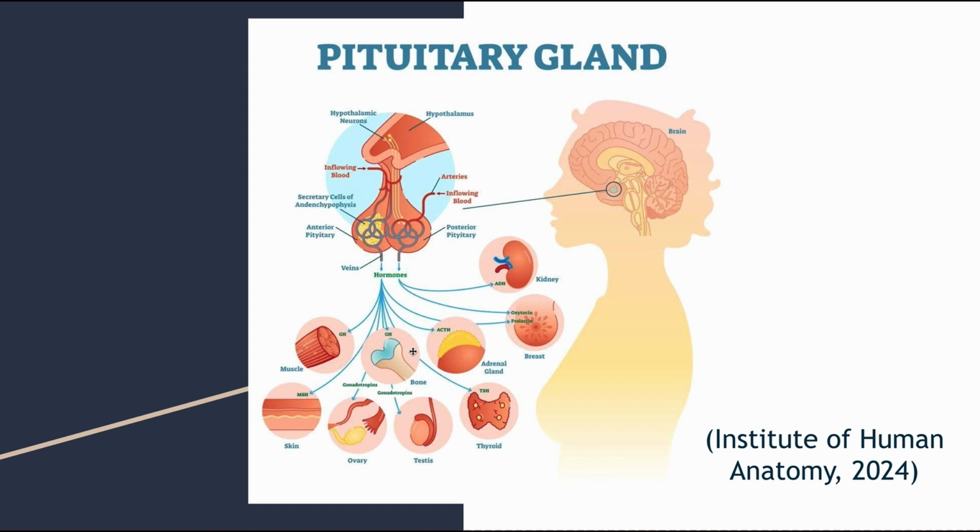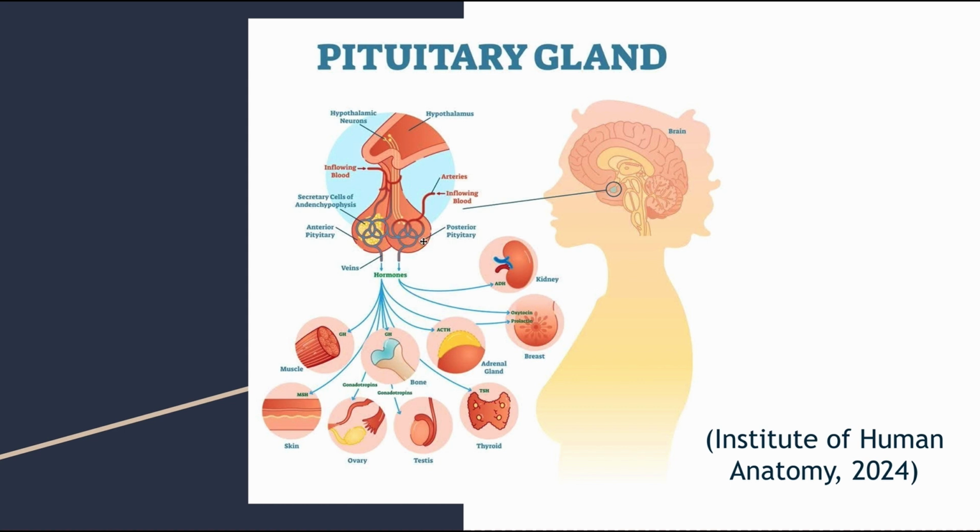Now, the types of hormones released by the pituitary gland differ based on whether they are released from the anterior pituitary or the posterior pituitary. The hormones we discussed earlier, such as growth hormone or gonadotropins, the sexual developmental hormones, are all released from the anterior pituitary.